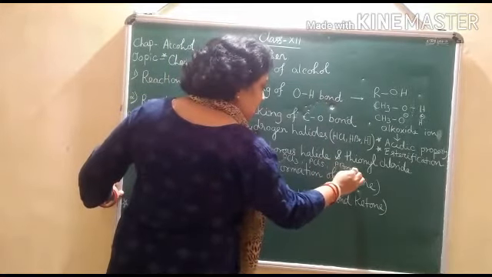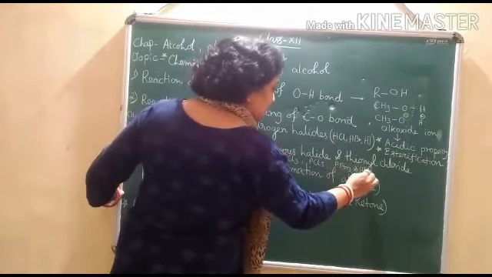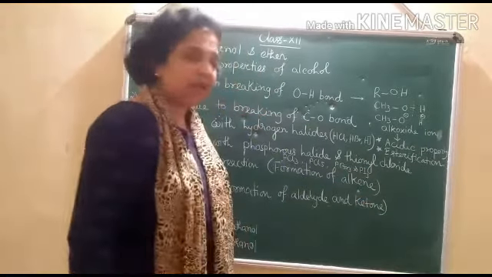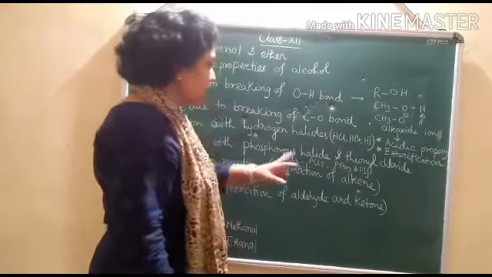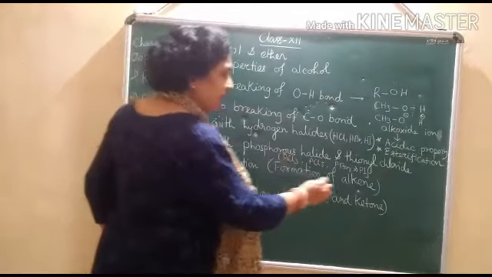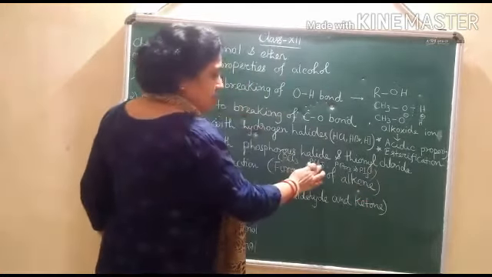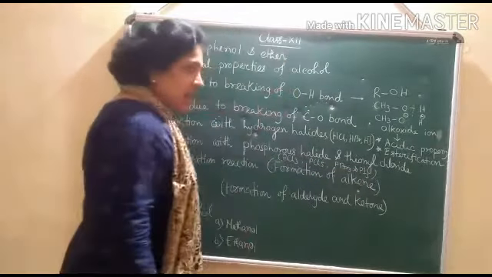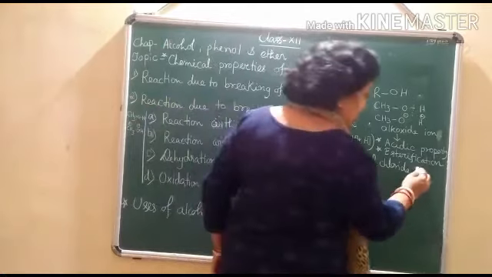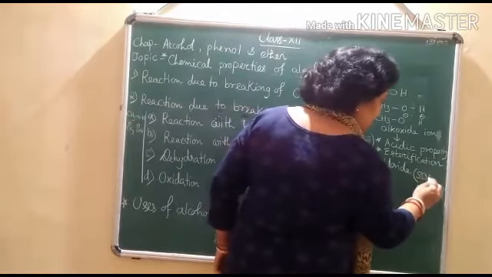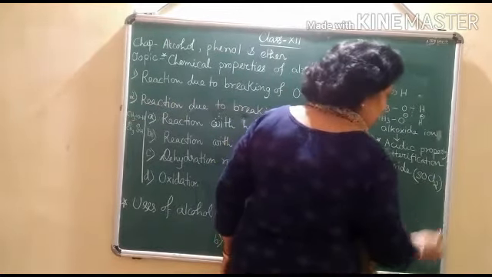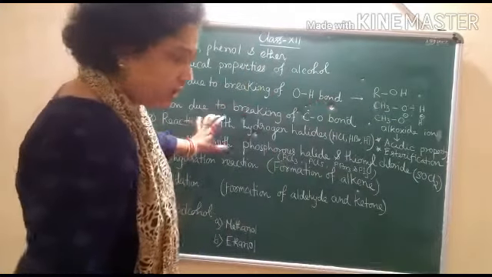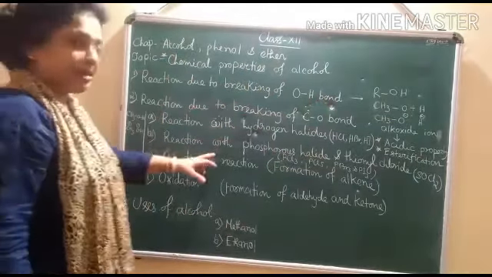Phosphorus halide means PCl3, PCl5, PBr3 and PI3. PBr5 and PI5 do not exist, so I will not write them. The formula of thionyl chloride is SOCl2. These two types of reaction we have already done, but I will go through them once again.